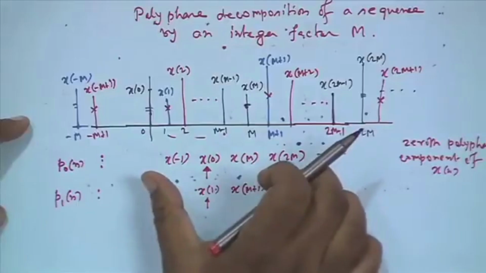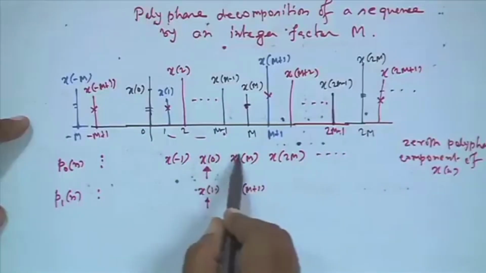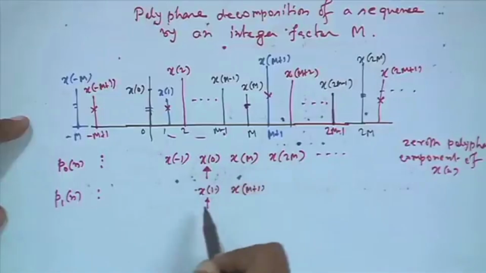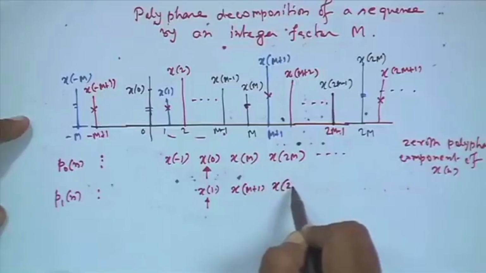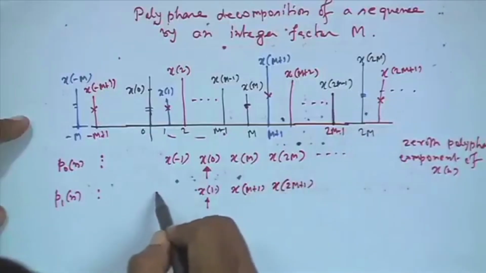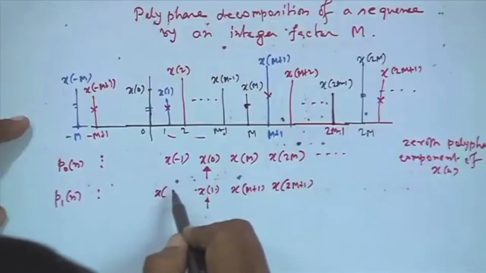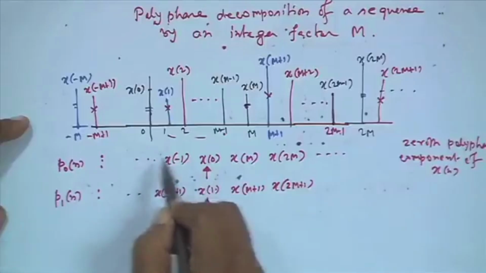You understand the sampling rate has gone down here. After 0, I am jumping so much of time, then only x m, then so much of time. So, like that 1, then m plus 1, 2m plus 1, dot dot dot.